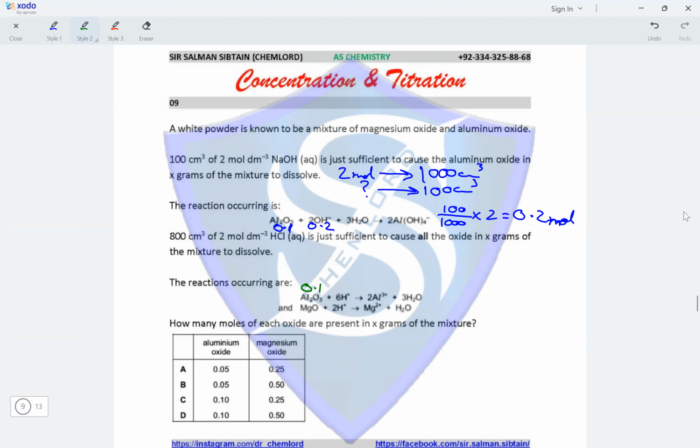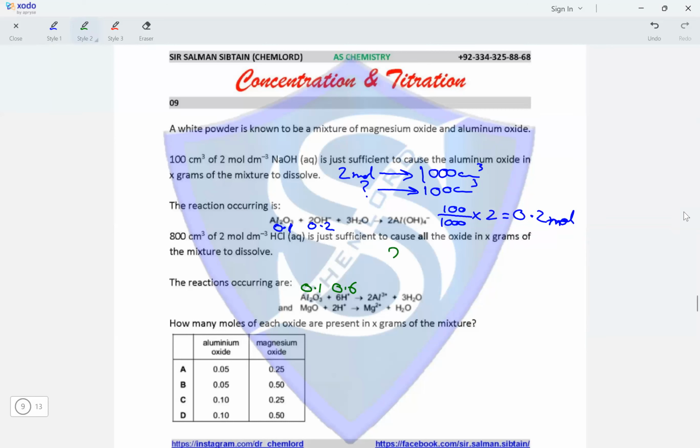So HCl that is required to neutralize Al2O3 is 0.6 moles because the molar ratio of Al2O3 to H positive ions is 1 to 6. So now we have obtained the moles of HCl required to neutralize Al2O3, and we use the given concentration and volume, which is 2 mole per dm cube concentration of HCl and 800 cm cube, to calculate the total moles that are needed to react with both the oxides.